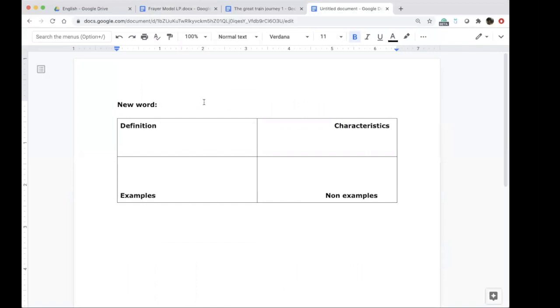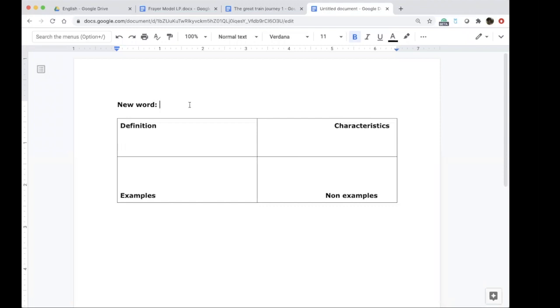You can raise your hand. Do you guys want me to do it for one more word? Okay, Hazira. You can do the Freyer's model for any word that you want. What word do you want to pick?